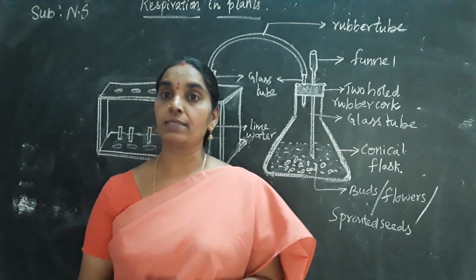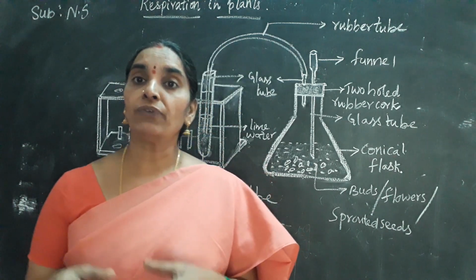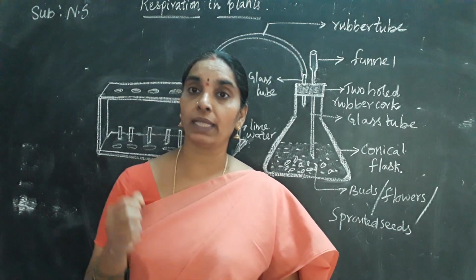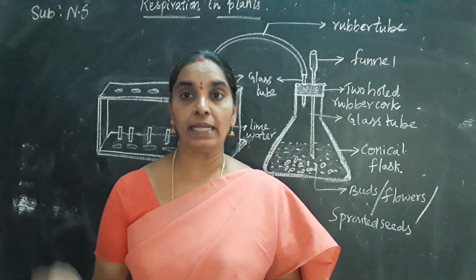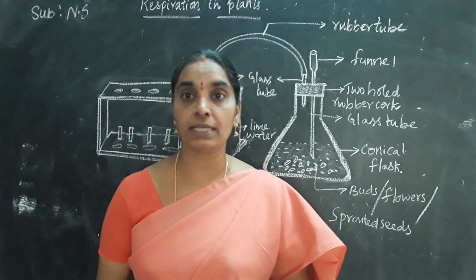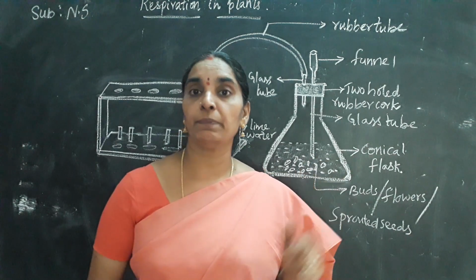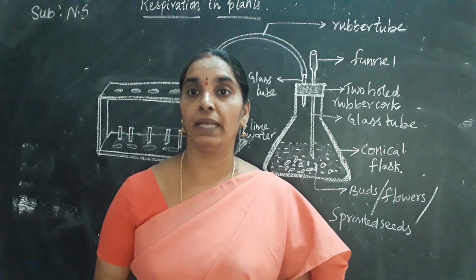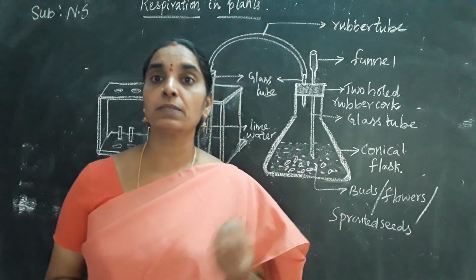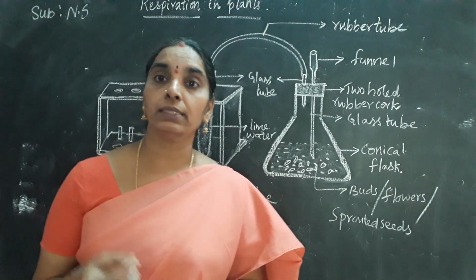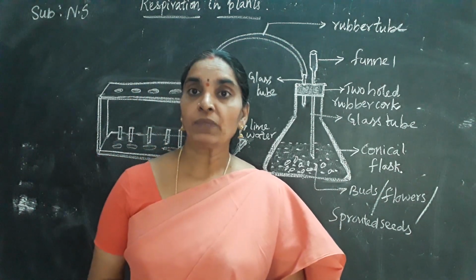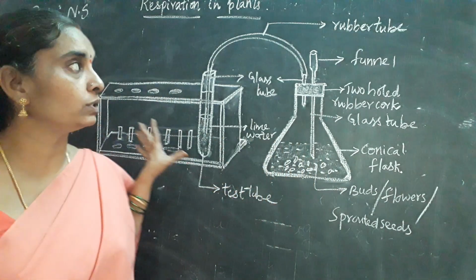So we can do a simple experiment to find out that plants also take in oxygen and release carbon dioxide. This can be proven by a simple experiment by taking sprouted seeds or buds or flowers. Okay children, see the diagram on the board.